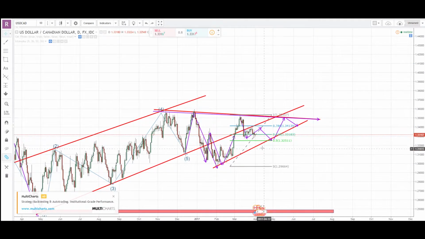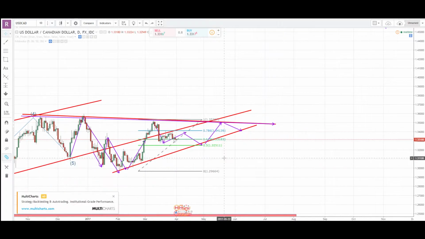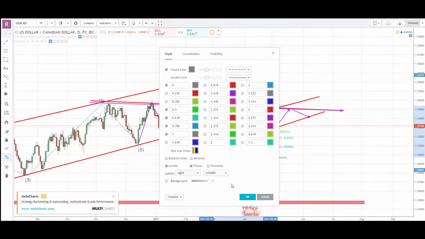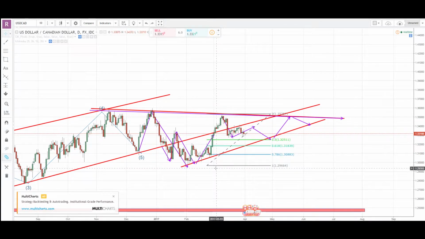Take our Fibo levels. I draw it. Reverse it, it's the opposite. As you can see, price can even go lower and touch 0.5 before turning up again.